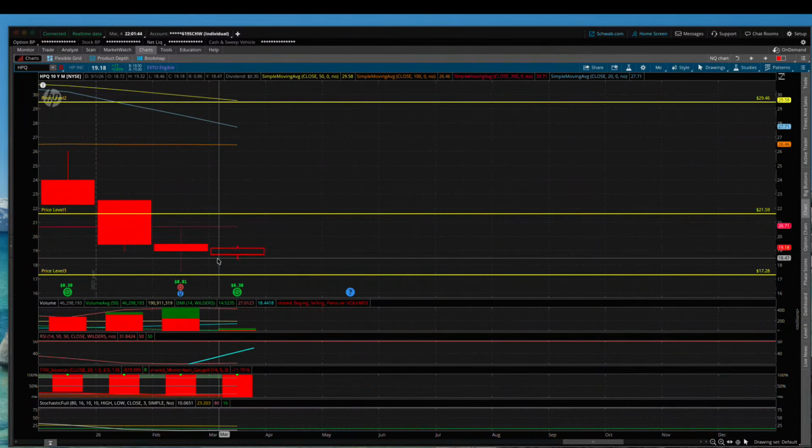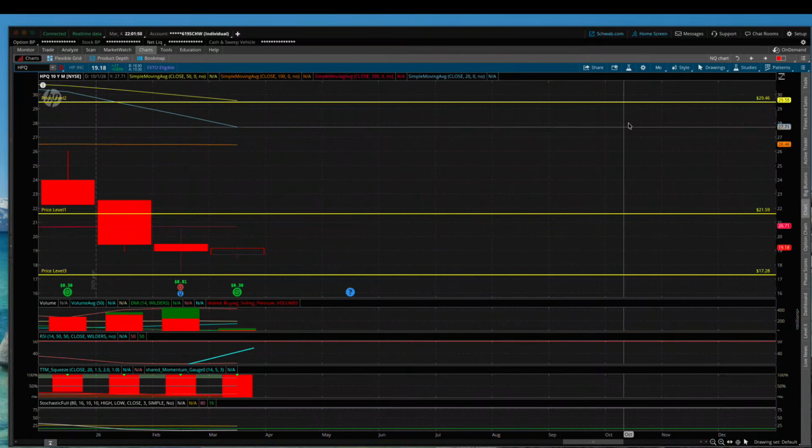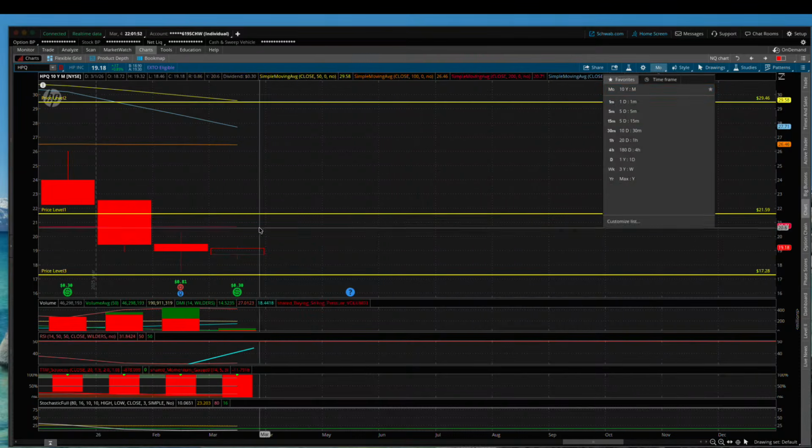This is a monthly chart. It could go over here to 19.55 and then bullish engulf that indecision. We got an indecision candle and then we get a bullish engulfing. That will solidify the bottom.